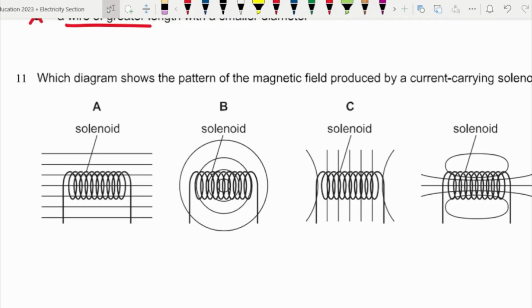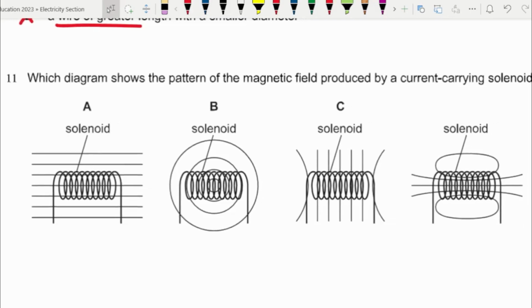Alright, question number 11, a very easy one. Which diagram shows the pattern of magnetic field produced by a current carrying solenoid? So it is the last one, the option D. In this one, you see the field lines only inside the solenoid are uniform.